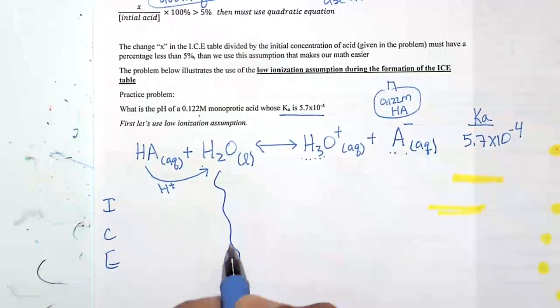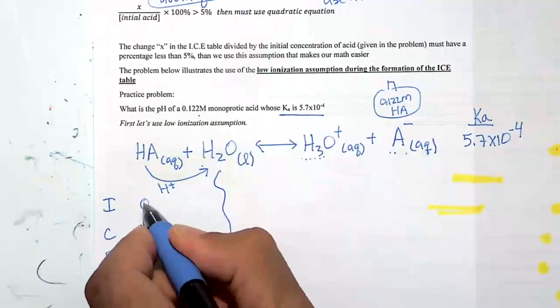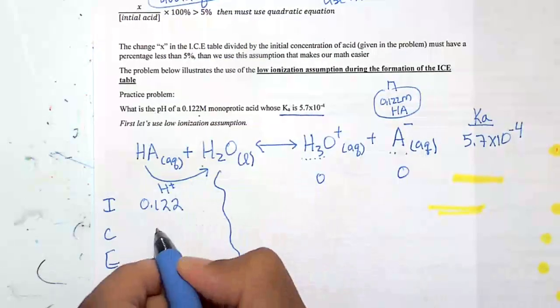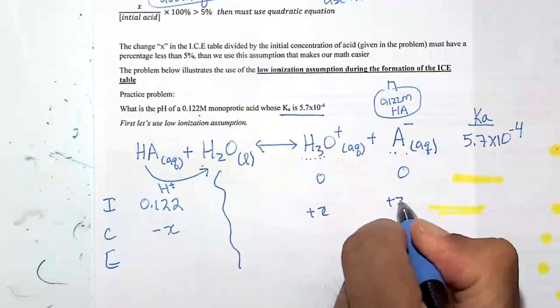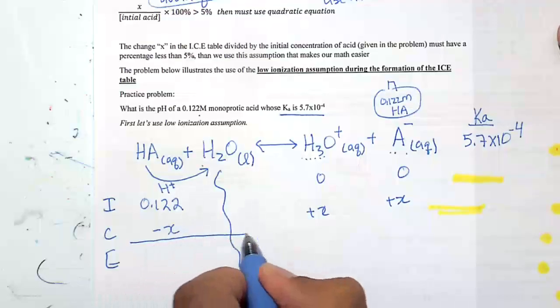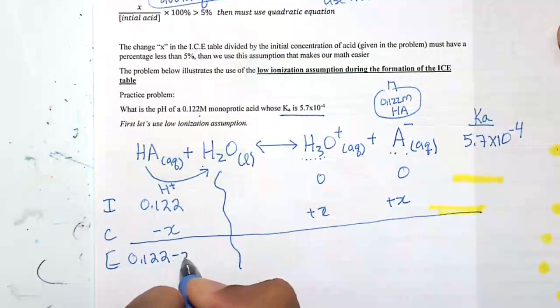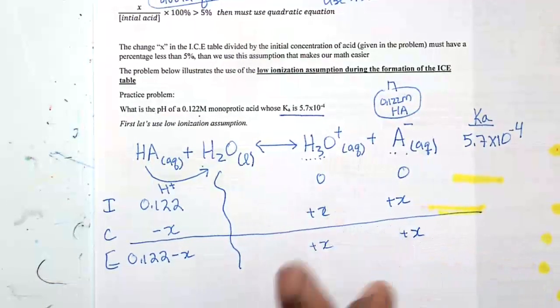When you do your ice table, you can avoid the liquids. Okay, 0.122, 0, 0. This will be minus x, plus x, plus x. So at equilibrium, it will be 0.122 minus x, plus x, and plus x.